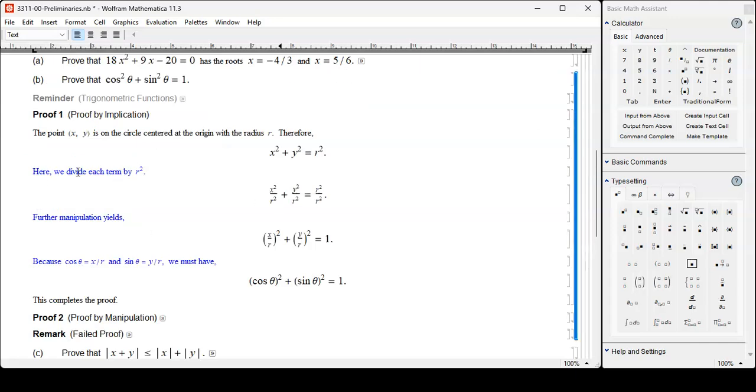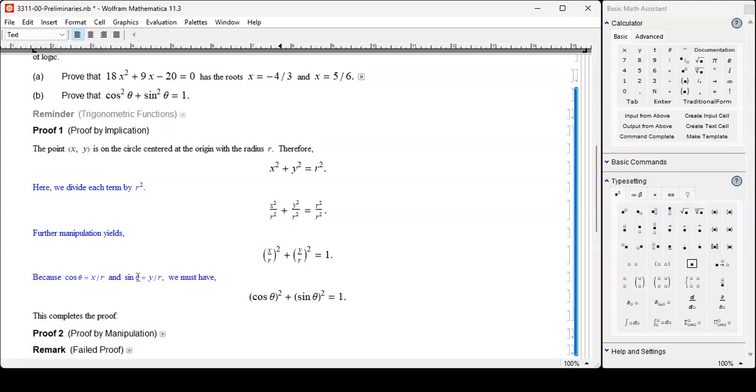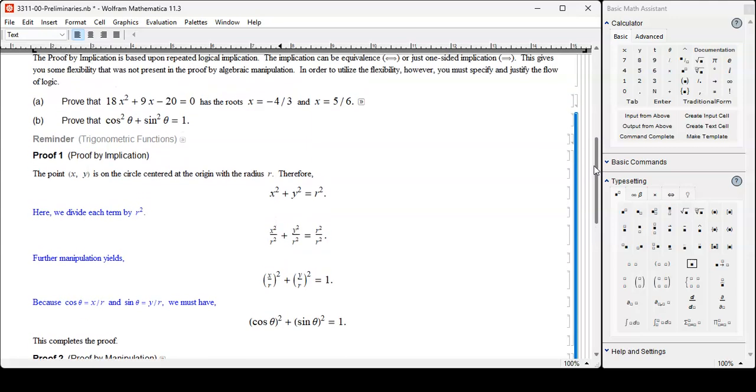In that case, we write down all those reasonings like this. And the more complicated the proof, the more complicated these explanations. And because of this reason, proof by logical implication is more versatile than proof by algebraic manipulation.